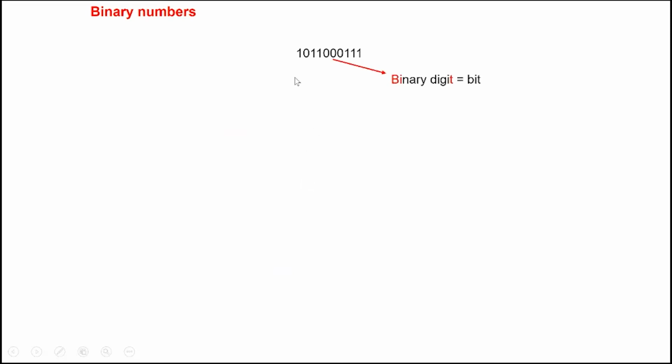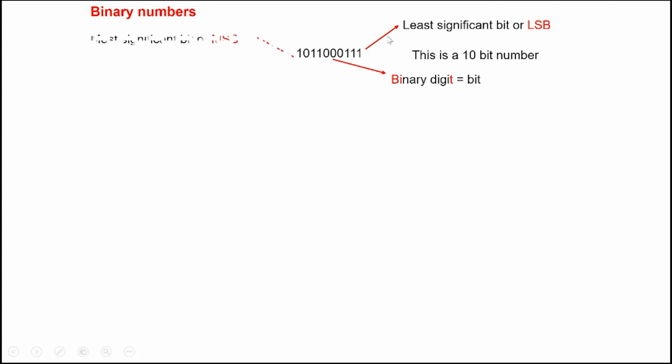Okay, so we've been saying that each binary digit is what we call a bit. If we count, this is a 10-bit number here, and this is what we call the least significant bit, LSB, and this is the most significant bit, which we call the MSB.